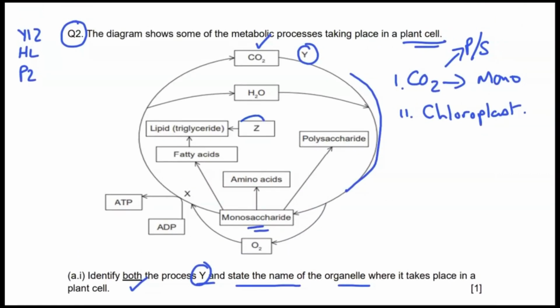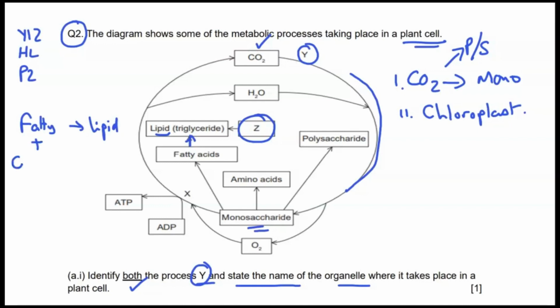So Z is here, and it's pointing at lipids. The arrow here is to fatty acids. So we got fatty acids to lipid, and what do we need in order to add to fatty acids to create lipid?